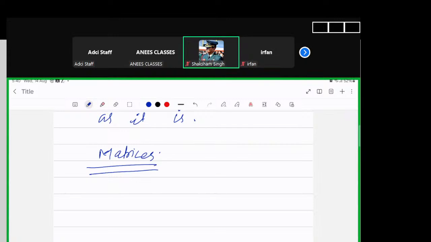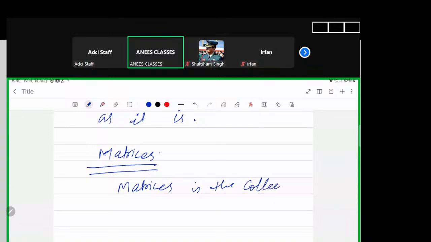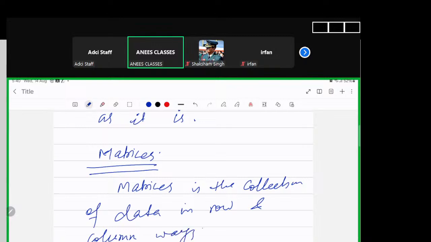So matrices is the collection of data in row and column ways. Understood? Determinant is a value. Matrix is the collection of data.